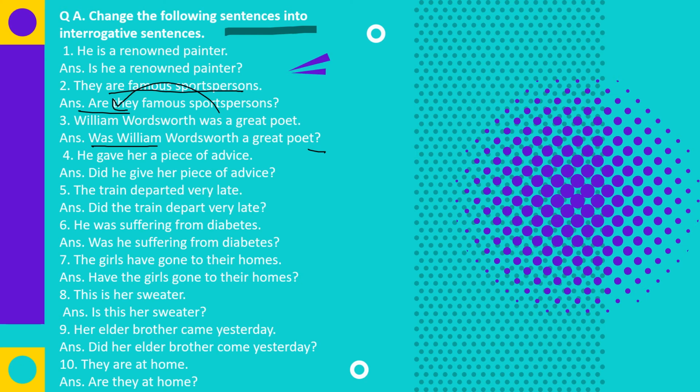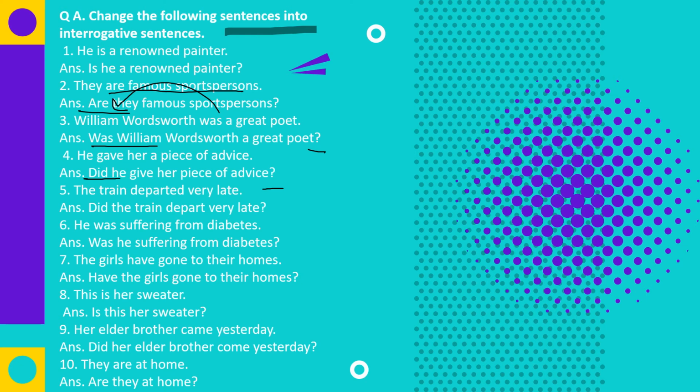Now this one is a bit tricky because if you notice there is no helping verb given in this sentence. But we can clarify that this is a simple past tense. And in past tense, if you remember, we use did. So it will become, did he give her a piece of advice? And then question mark.